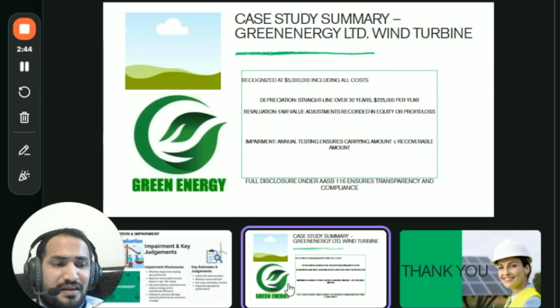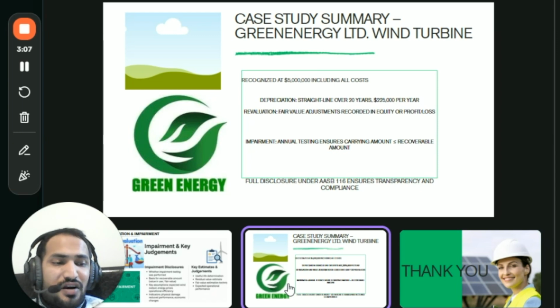To summarize the entire case study, Green Energy Limited initially recognized the wind turbine at a total cost of $500,000, including all directly attributable costs, then depreciation, and after that, the company also has the option to use a revaluation model. Every year, the company must also consider impairment testing.